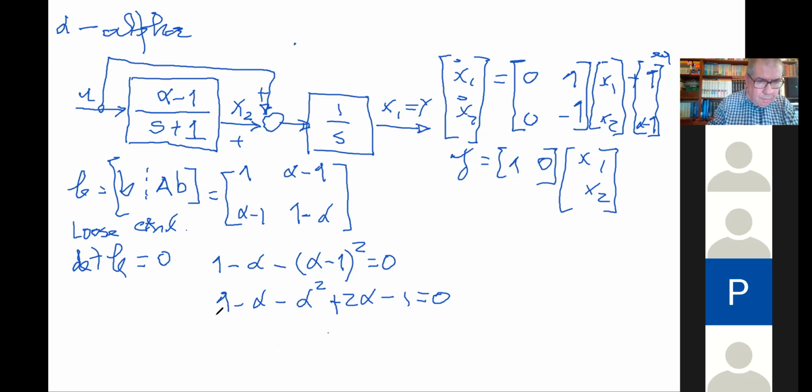Good. So this cuts with that one, and I have alpha, 1, alpha; I multiply everything by minus, oh, that should be a minus.